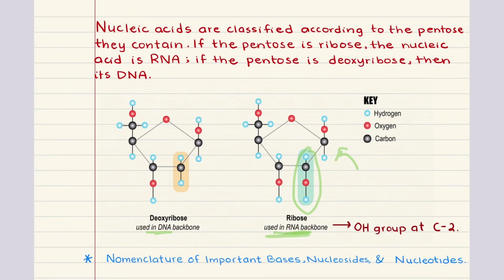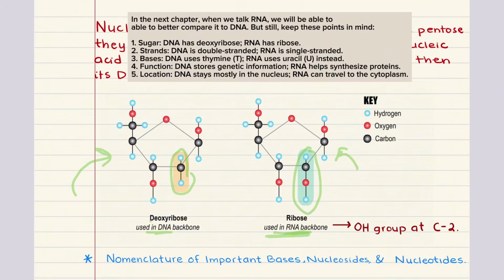In DNA, the sugar is deoxyribose, and here that same carbon just has a hydrogen atom instead of the hydroxyl group. That's what deoxy means, lacking oxygen. So this missing hydroxyl group makes DNA more stable than RNA.